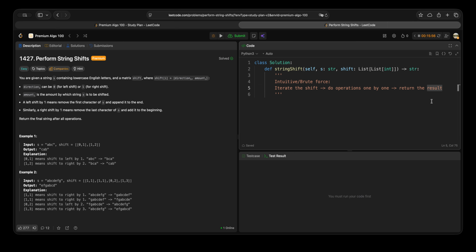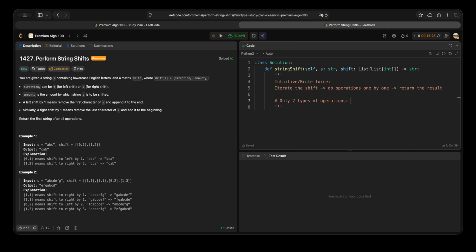So let's say we really want to have other approaches, one that's also easy to understand but faster. What's the intuition here? We notice that there are only two types of operations.